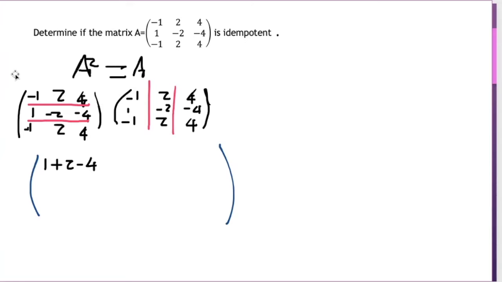Next, I will multiply the first row by the second column. So proceeding to do so, we have -1 times 2, that's -2. Then we have 2 times -2, that's -4. So I have a -4 here. And finally, I will have 4 times 2, that's 8. So I go ahead and I have my +8.